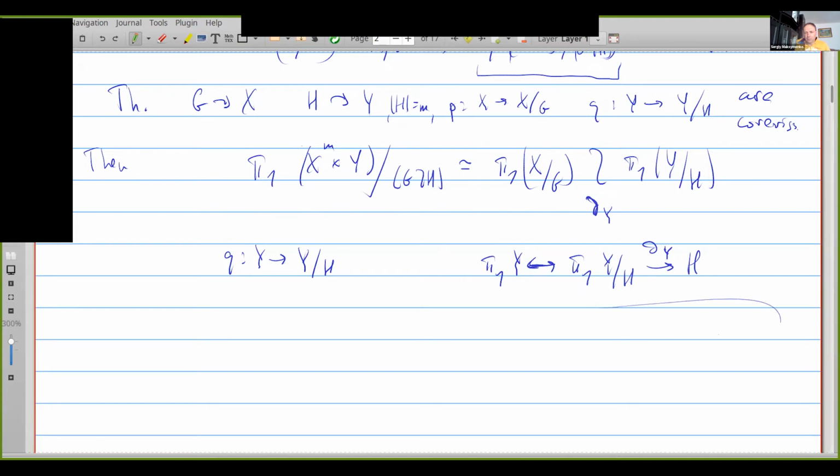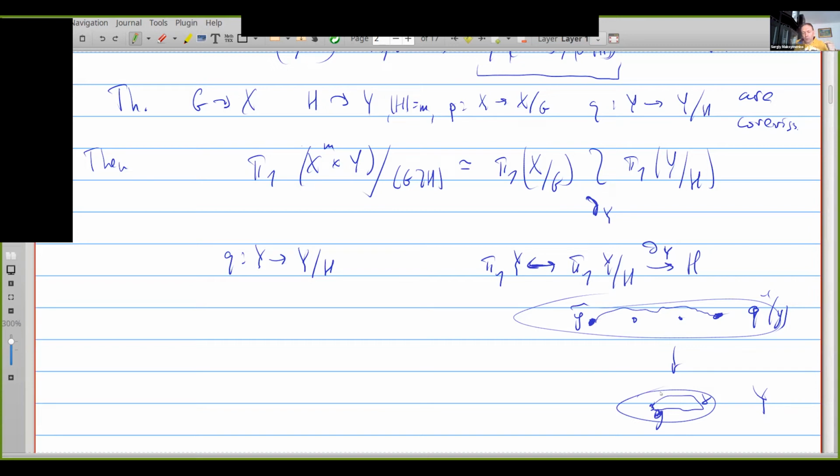Let me just recall: if this is Y, and here is some point y, and here are its inverse images Q^(-1)(y). Then if I take any loop gamma here, and take any point, then if I take a lifting of this loop, I will get some path which starts at a fixed base point in the inverse image.